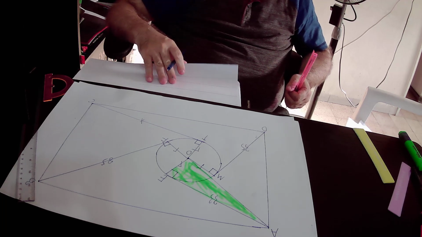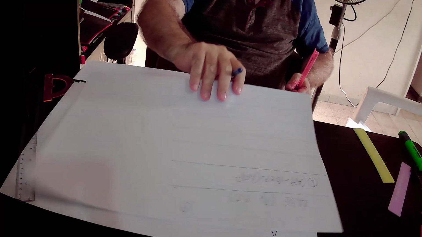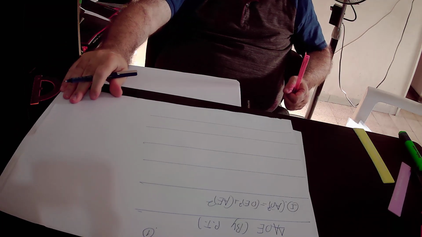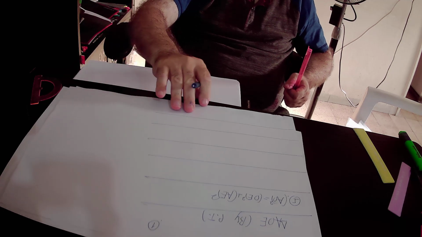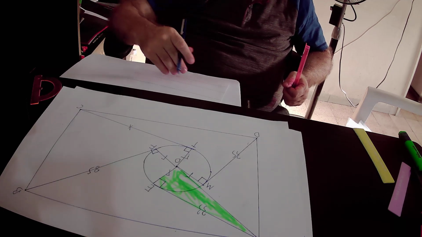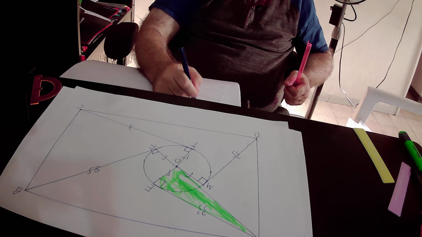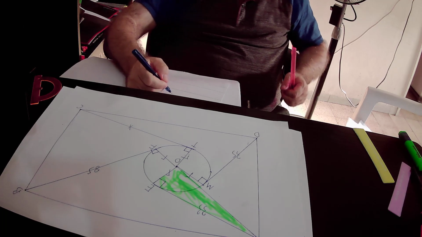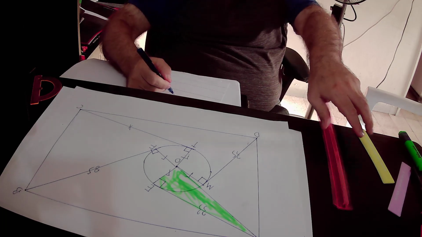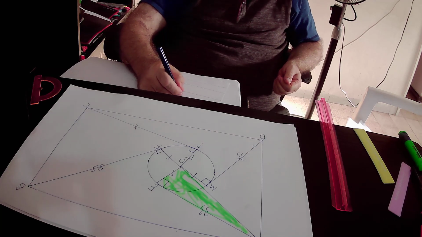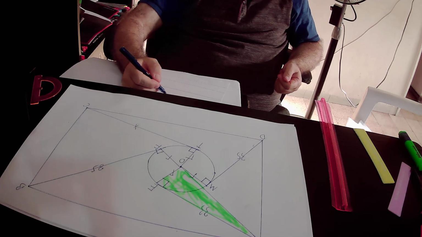Repeat again, in the right green triangle AOE, according to the Pythagoras theorem, AO square equals OE square plus AE square. OE equals R, therefore OE square is R square, plus AE square.